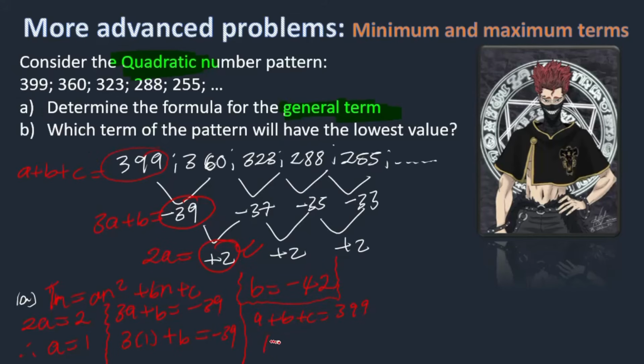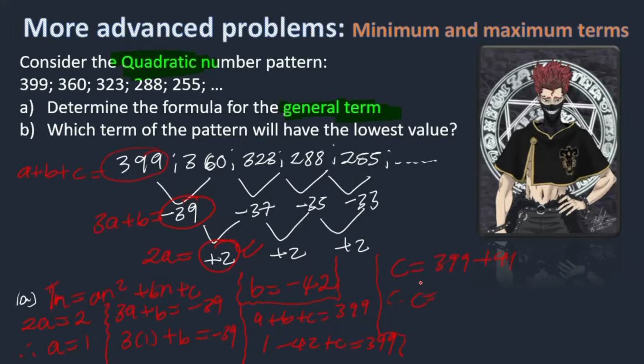Plus c is equal to 399. There. So my c is equal to 399. Here I have negative 41. When I take 41 to the other side, it's plus 41.